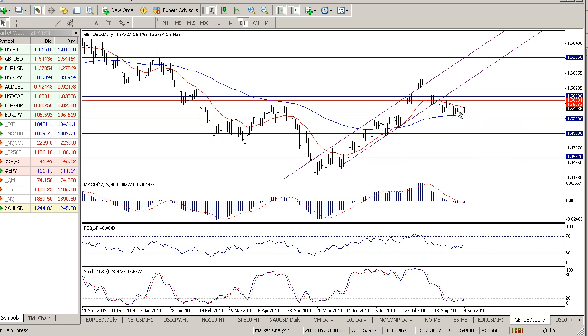So it's still stuck in this congestion area here. And of course, potential support is the most recent low at 153.20, 153.30. So our bias is slightly on the upside.